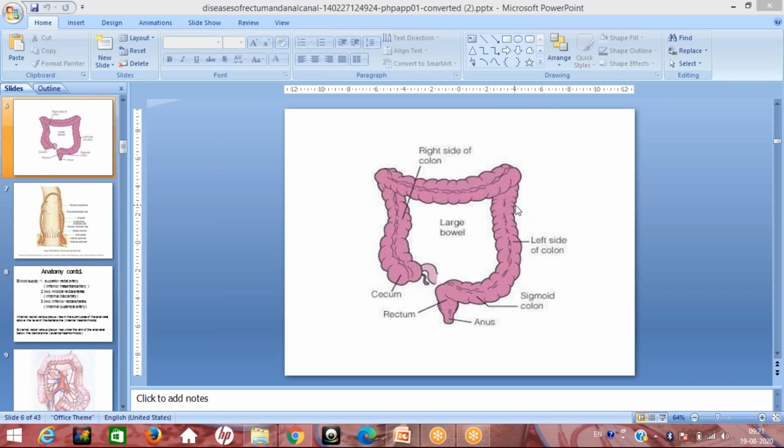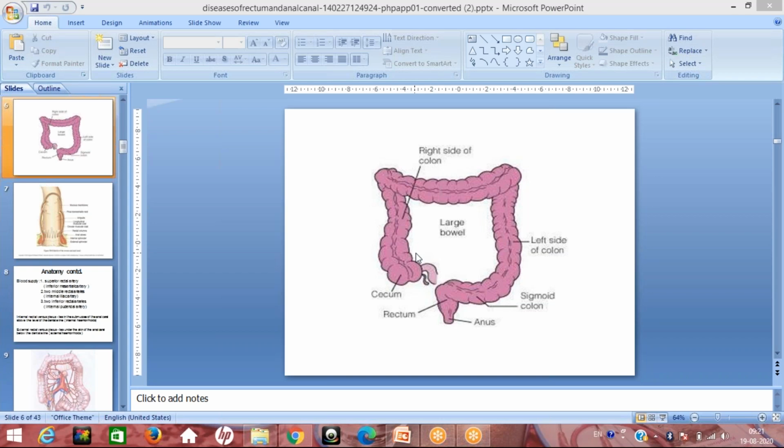The large intestine is identified by the presence of three tinea, which have separate names depending upon their attachment. Tinea omentalis, tinea libera, which is free, and tinea mesocolica.